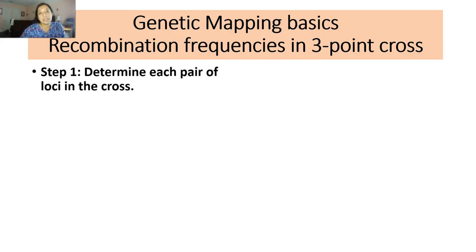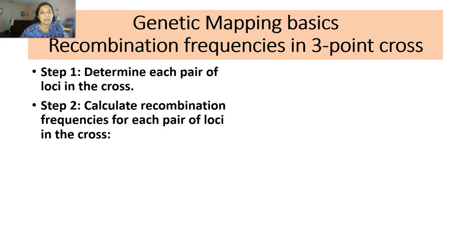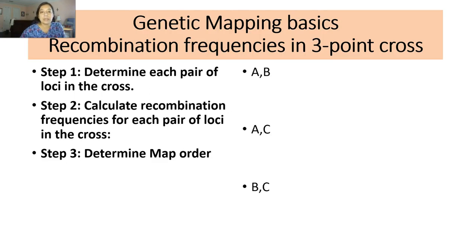First, determine each pair of loci, as we talked about. Second, we're going to calculate recombinant frequencies, and then we're going to use those to determine gene order or map order. Our 3 loci pairs are AB, AC, and BC.